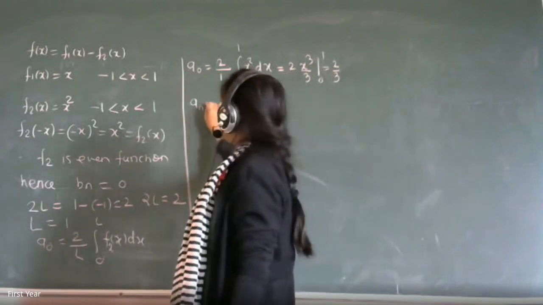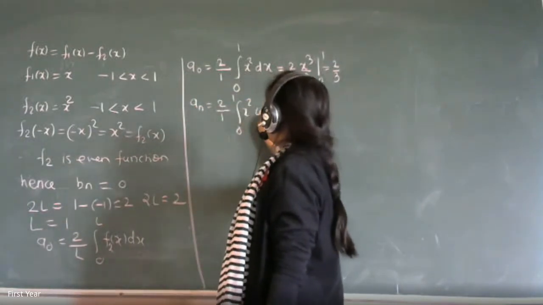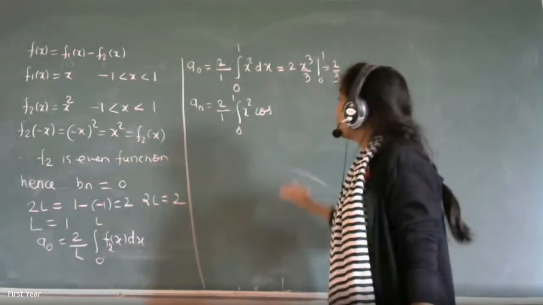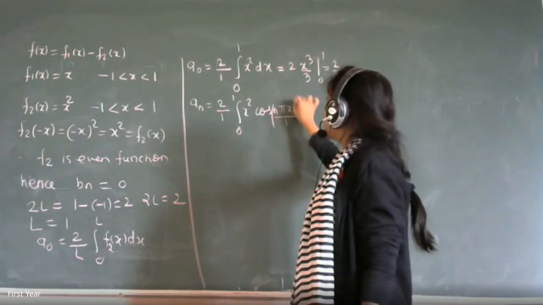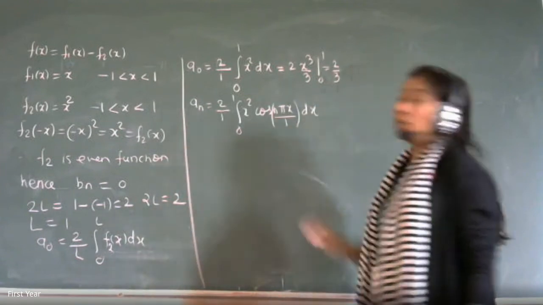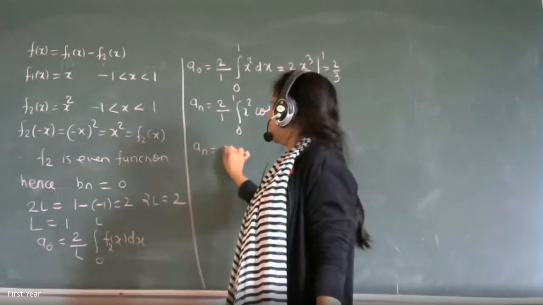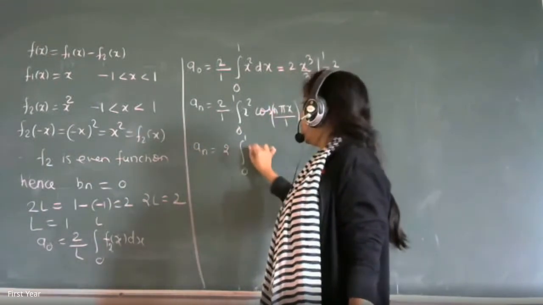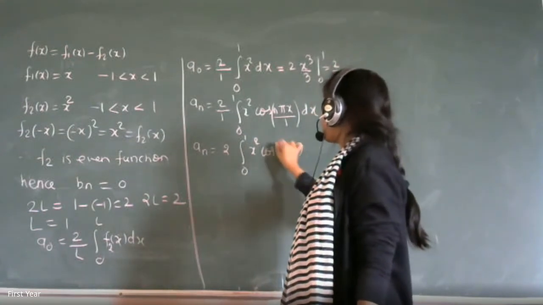An will become 2 by 1 integration x square into cos of n pi x by 1 because l is 1. So an is 2 times integration 0 to 1 of x square cos of n pi x.